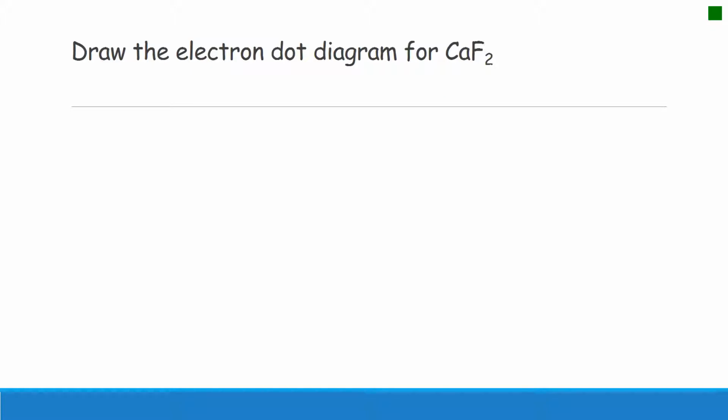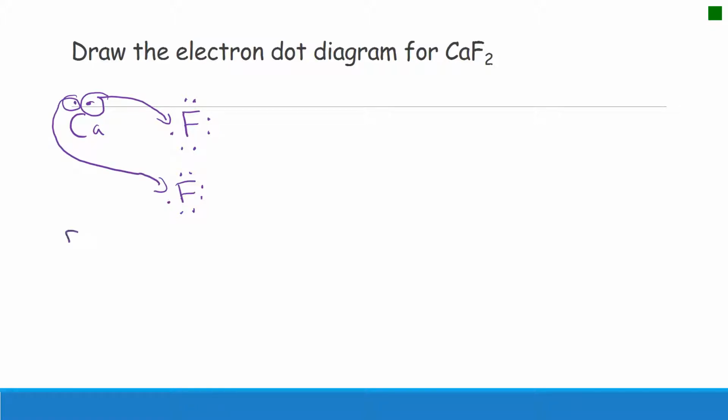Now let's try another example, calcium fluoride. Now we know that calcium has 2 valence electrons, and each of the fluorines has 7 valence electrons. So calcium transfers one valence electron to the fluorine here, and its other valence electron to this fluorine here.